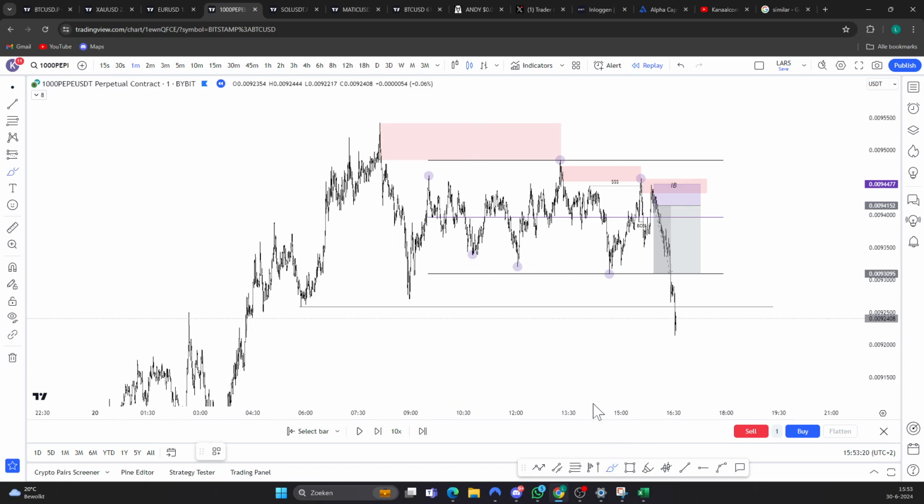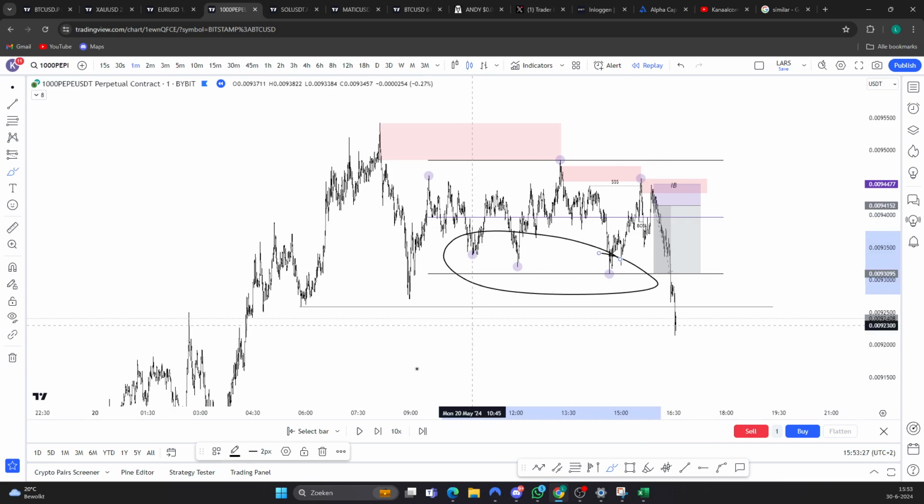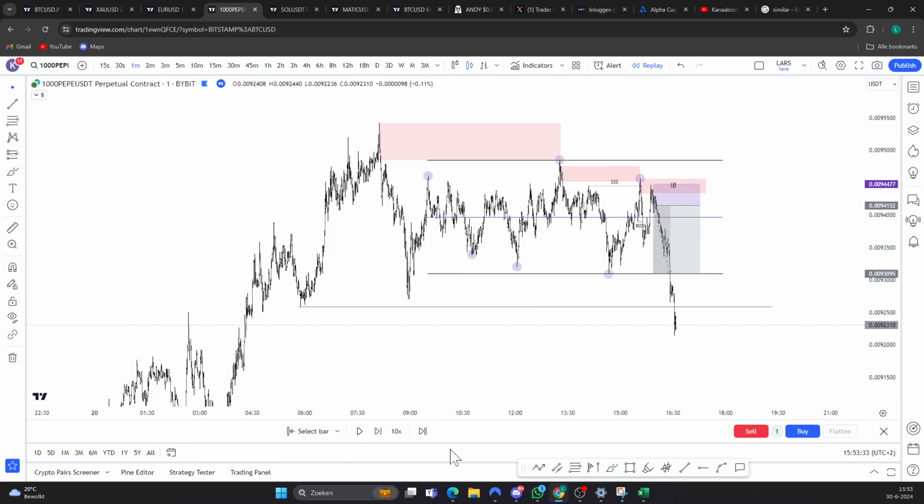Like, if this range was going to break up, this Model 1 should not have been failing. So, because the Model 1 is failing, why would price have to stop right here?